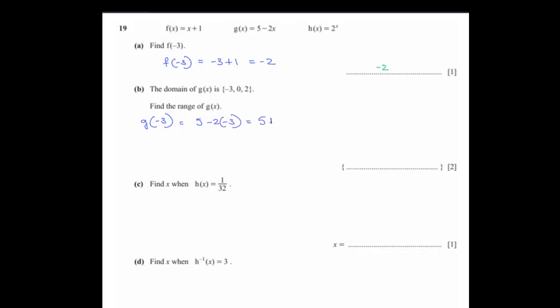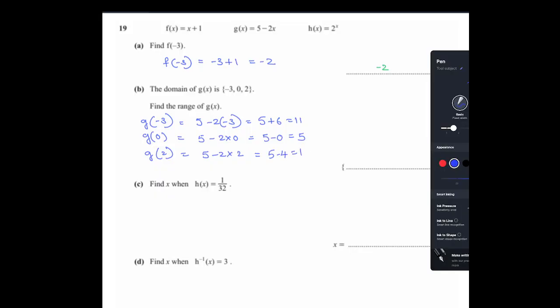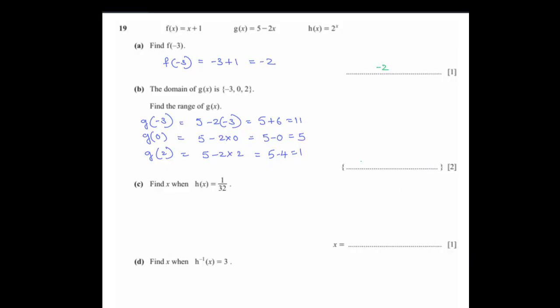So 5 plus 6, which is 11. G of 0 will be 5 minus 2 into 0. That is 5 minus 0, 5. G of 2 is 5 minus 2 into 2, which is 5 minus 4, 1. So it is 11, 5 and 1. The range is 11, 5, 1.